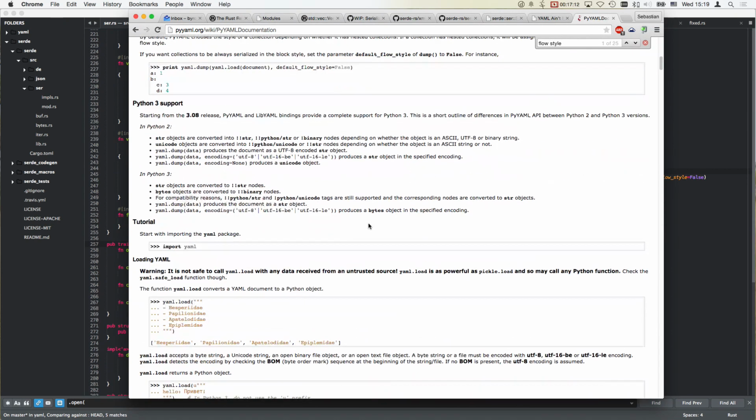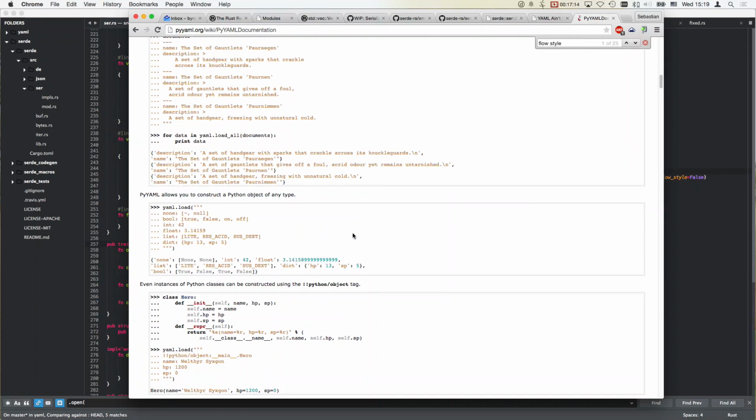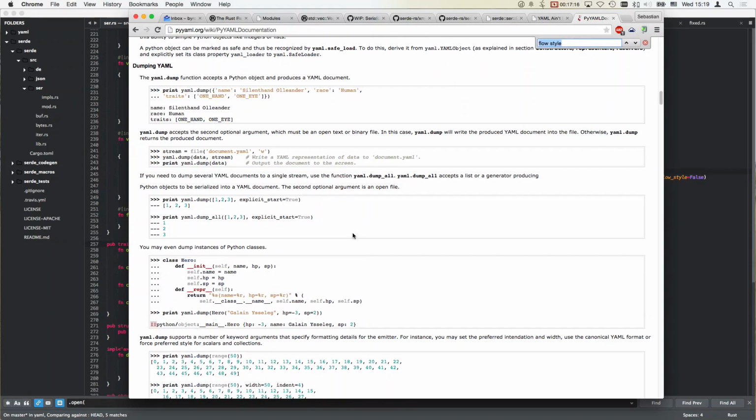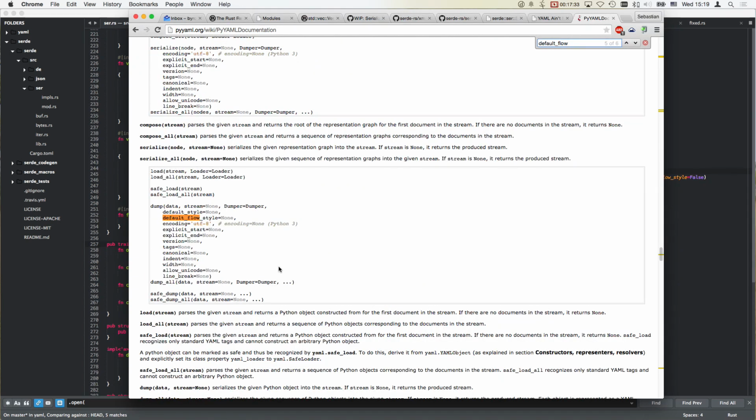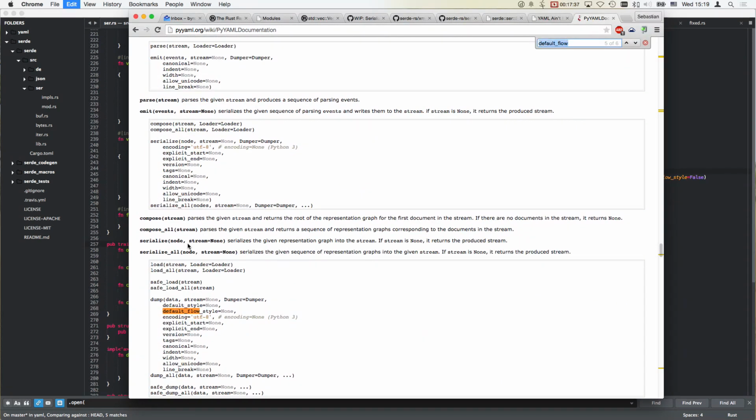Man, they don't even provide a full API documentation, do they? Default flow style. Where is this default style? Where is this documented? Kinda here, huh? That's the one. Dump.